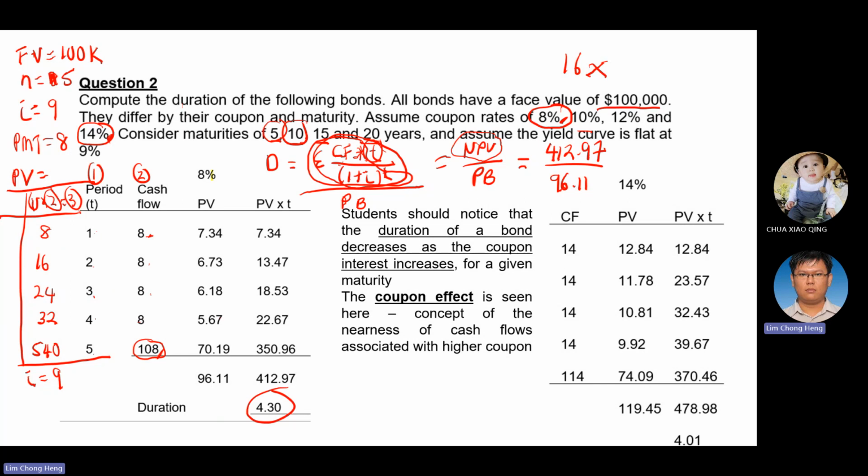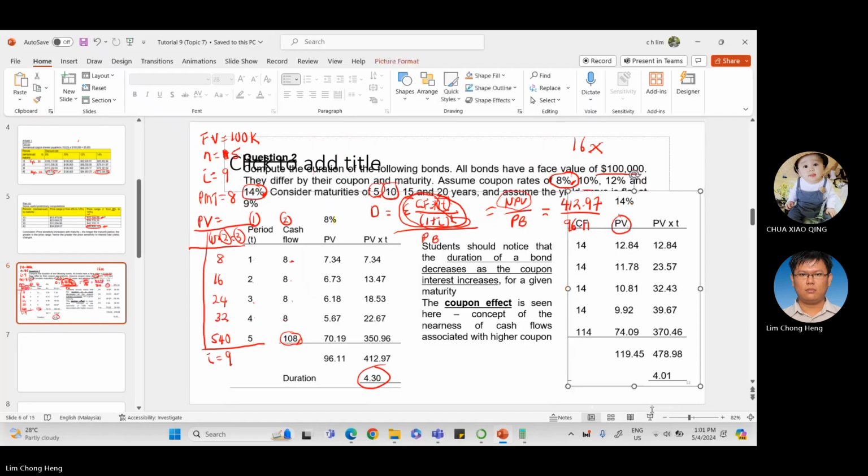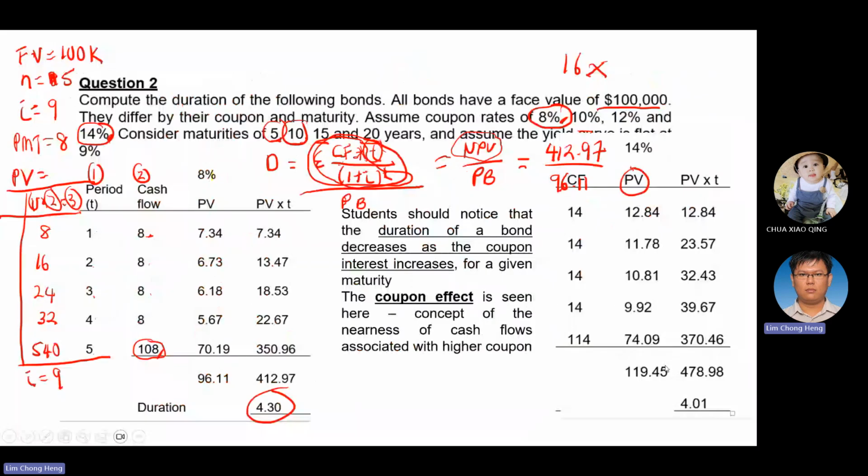So the next is, I want to show you the coupon effect. So we compare with another bond with 14% coupon. Okay, 14% interest. Then you do the same thing.